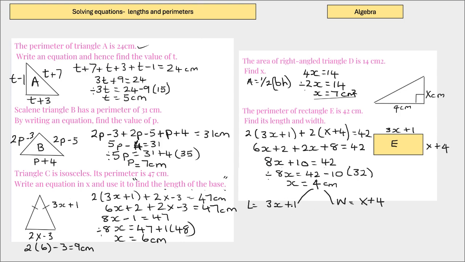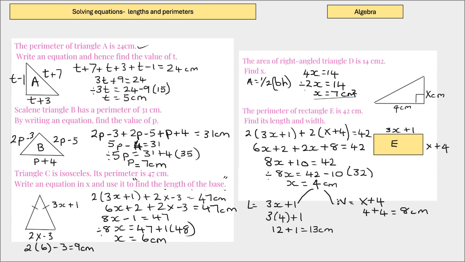So let's find our information. 3 times 4 is 12 plus 1 equals 13 centimetres for the length. And the width is, well, x is 4. 4 plus 4 equals 8 centimetres. So there you have it. This bit's crucial because if you get the x wrong, you get this wrong and you get that wrong.